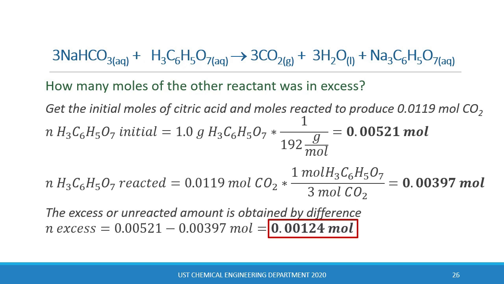Finally, the amount of citric acid in excess is obtained by subtracting the moles reacted from the initial amount. The excess amount of citric acid is 0.00124 moles. If you're interested to get the equivalent mass, just multiply it by the molecular weight and it shows that 0.24 grams of citric acid is left after the reaction.